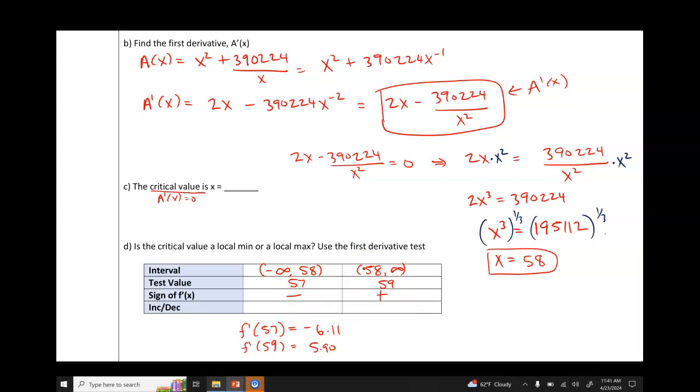So what does that tell us? Well, it tells us that if this is 58, then the function is going to decrease, hit 58, and then it's going to increase. And that means that 58 is going to be a local minimum because it's going to go from decreasing to increasing, which makes it a local minimum.